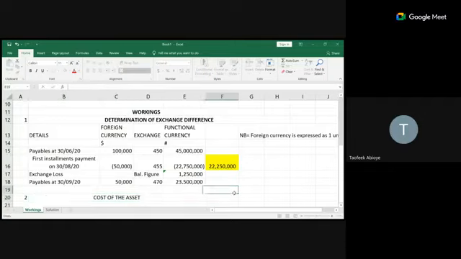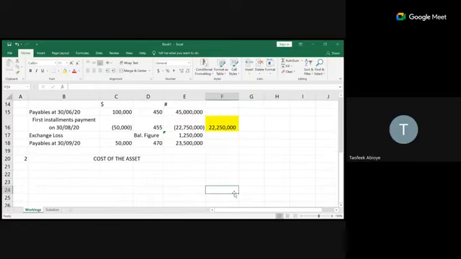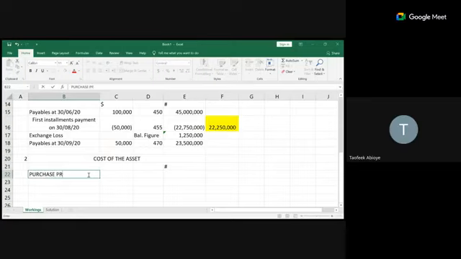We need to quickly determine the cost of the assets in Naira. We know we have converted. So, how much is the purchase price? Purchase price is 45 million there.